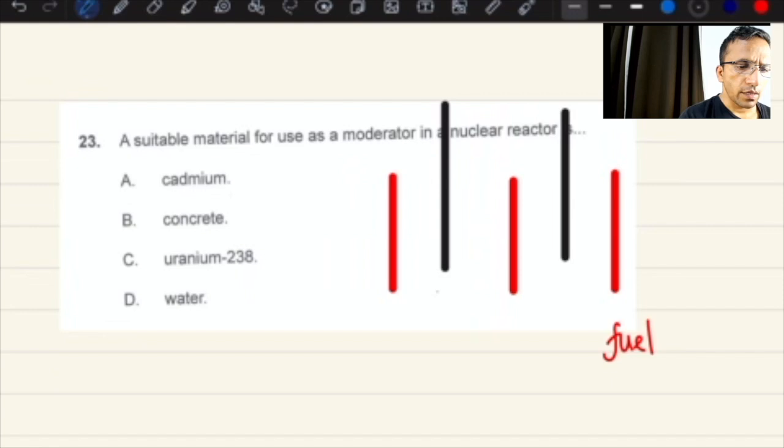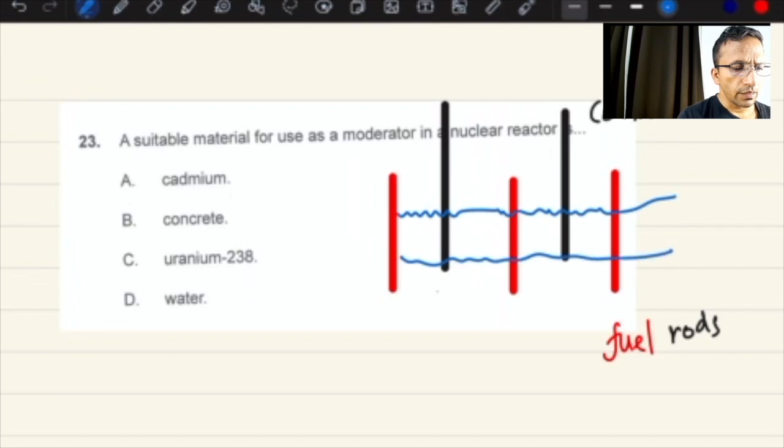These black ones are control rods and these are fuel rods. The problem is these fuel rods actually generate high-speed neutrons. If the neutrons are too fast, they will just pass through these other nuclear fuel rods, and they will not interact with these other nuclei.